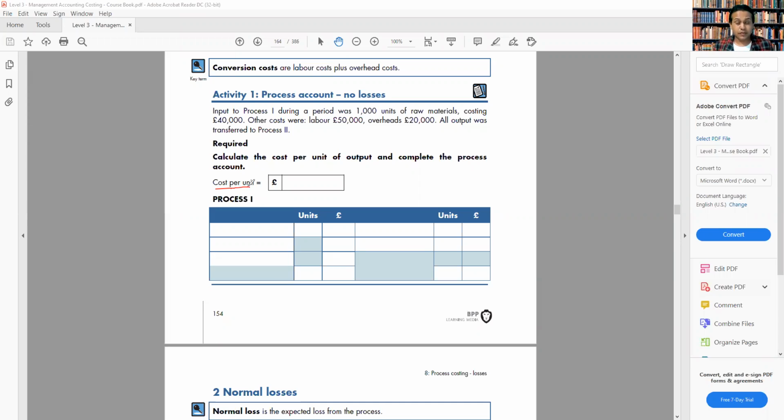But we have to remember the formula anyway. So the cost per unit will be the total process cost.